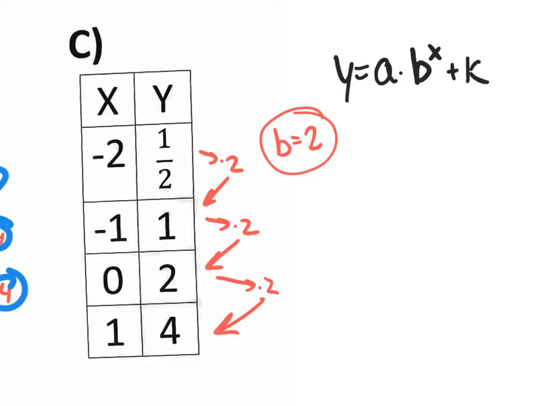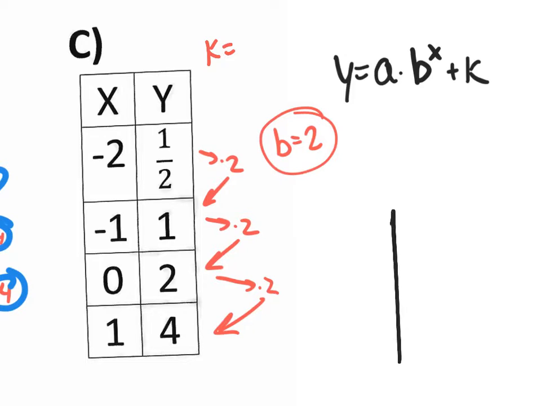It's growing. What about backwards? 2, 1, 1/2, 1/4, right? 1/8, 1/16. So it'd be shrinking backwards. So what's the asymptote? What is the k value? Anybody? The k value.